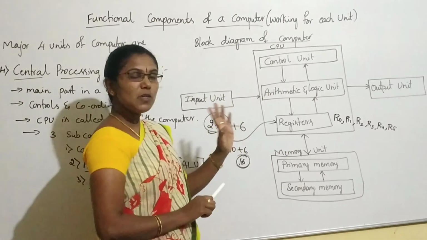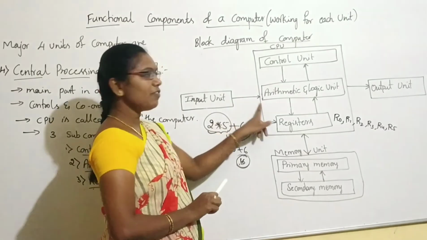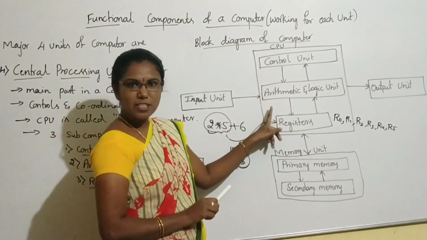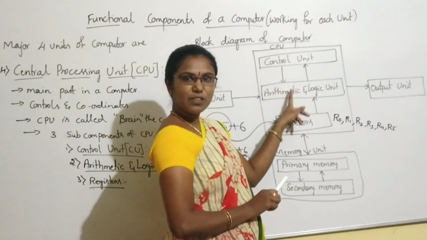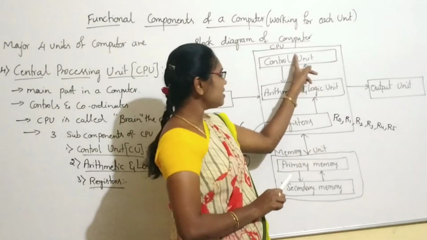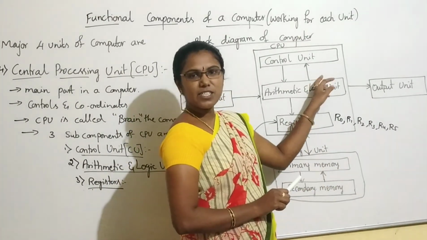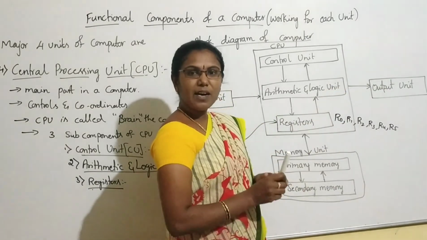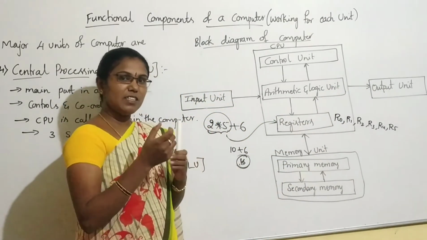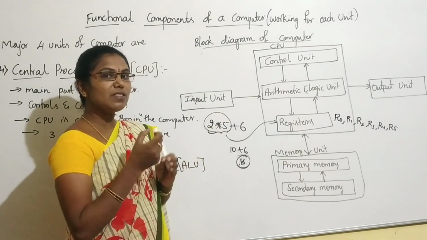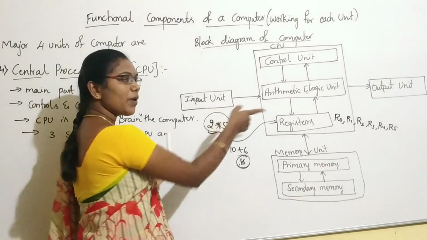Observe one thing here: the data is passed from the input unit to the CPU. In the CPU the data is passed from CU to ALU, ALU to registers, and CU to memory unit, and again the CU to the output unit. So which device is used to transfer the data from one component to another?